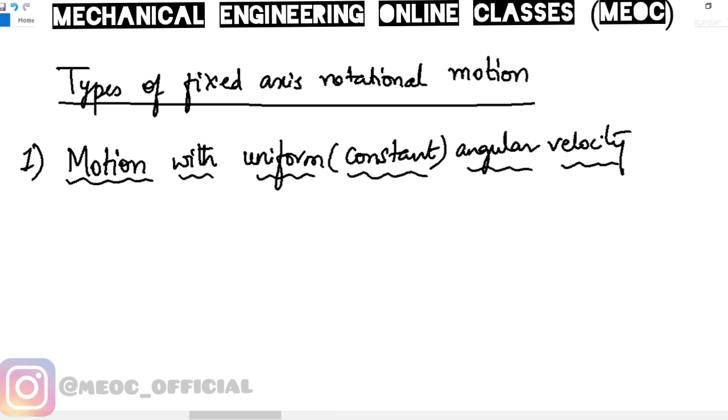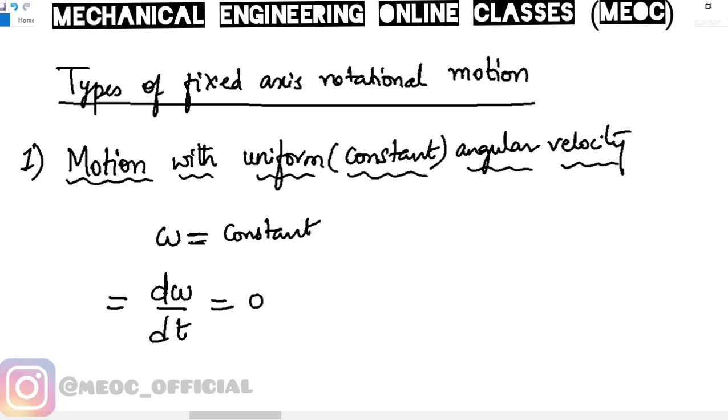When the angular velocity itself is constant, as omega is constant, d omega by dt will be equal to 0, which is nothing but alpha, angular acceleration. So there is no question of alpha. And theta can be written as omega into t, angular velocity multiplied by time.